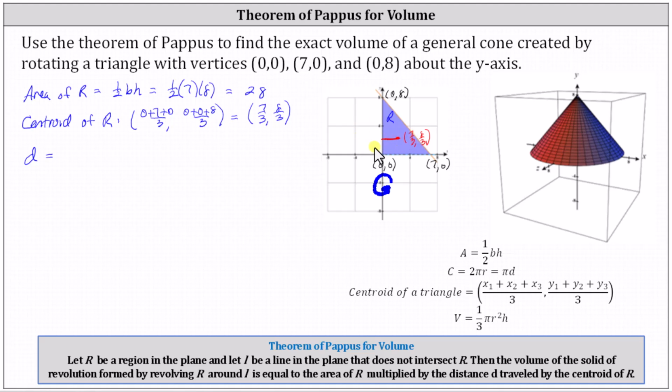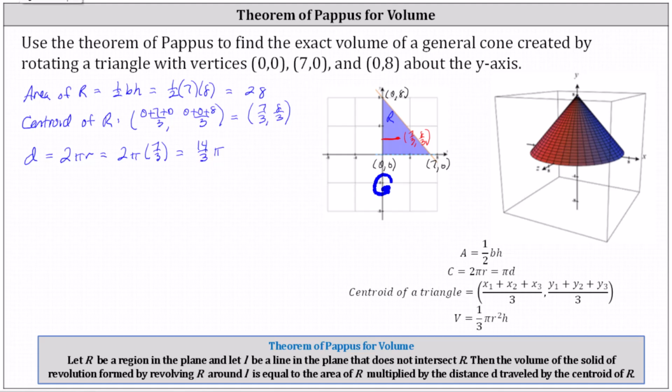Distance around a circle is equal to the circumference of a circle, which is equal to 2 pi r. Which means the distance d that the centroid travels when rotated about the y-axis is equal to 2 pi r, where r is equal to the x-coordinate of 7/3. This gives us 2 pi times 7/3, which equals 14/3 pi.